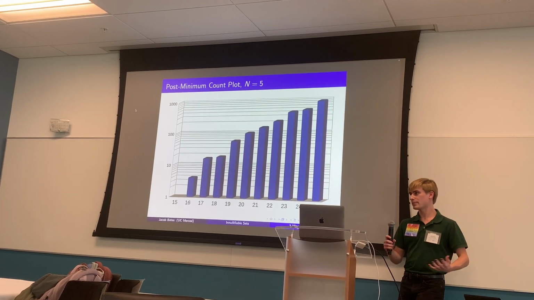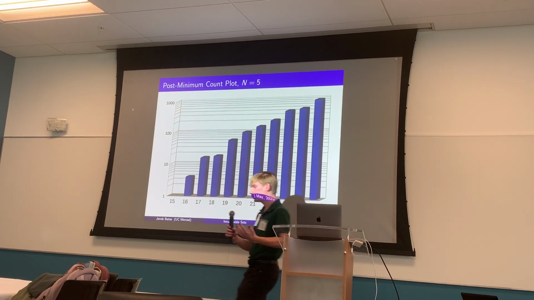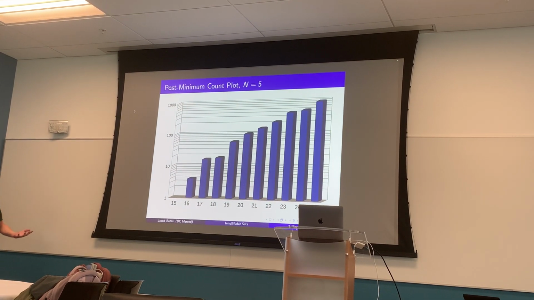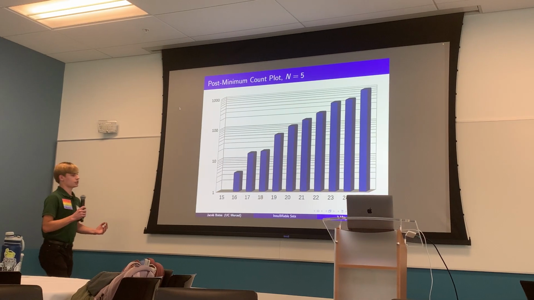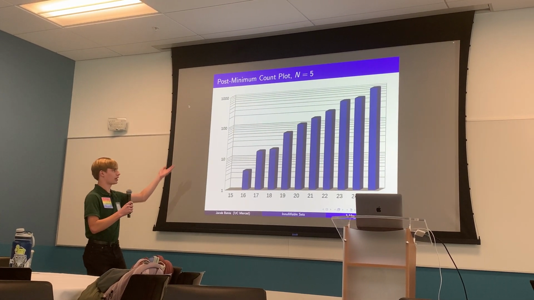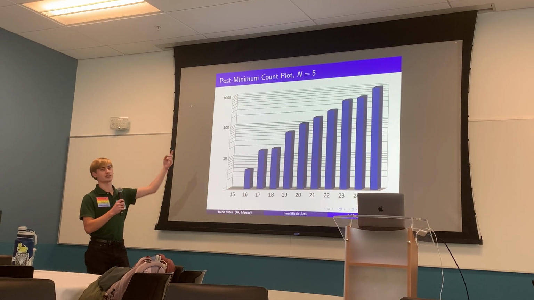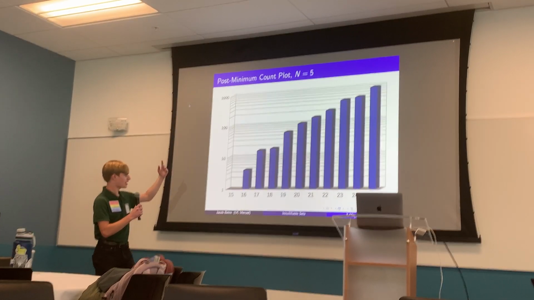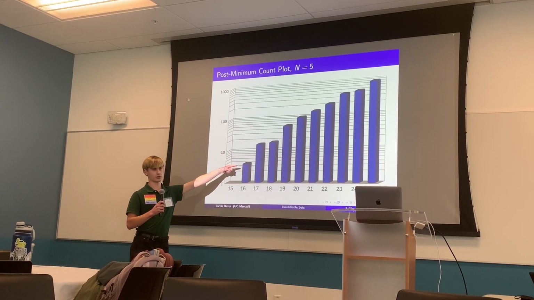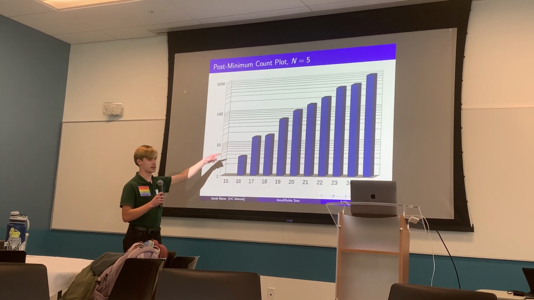So we looked at what happens before we reach the minimum case. We've looked at the minimum cases themselves. What happens if we advance beyond that? What you're seeing here is basically a histogram. It's a log plot. So these are sets of 5. If we're looking at sets ending in 16, there are 4 examples of innullifiable sets ending in 16.